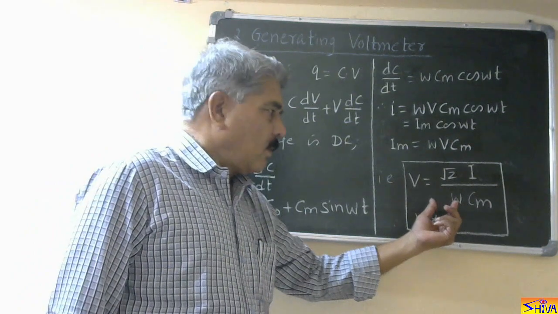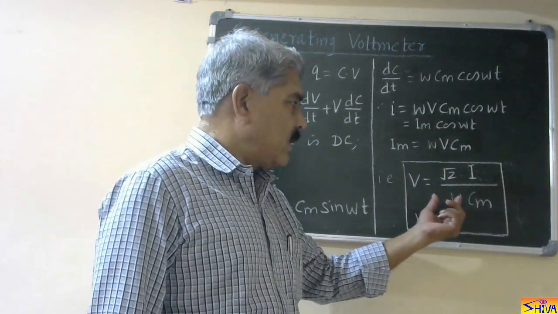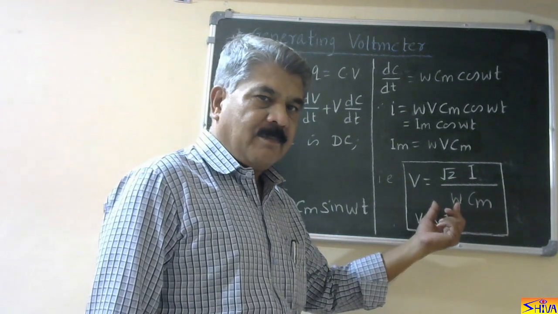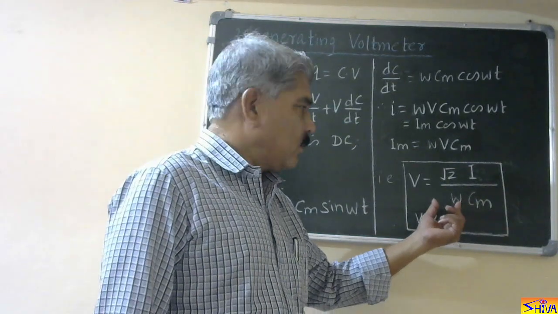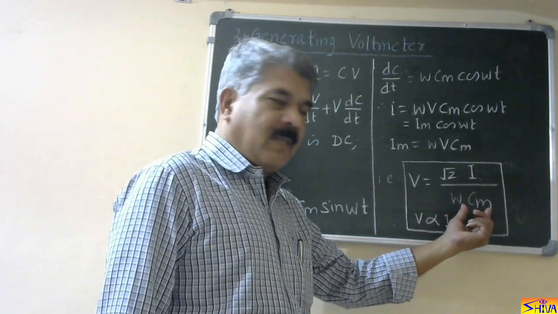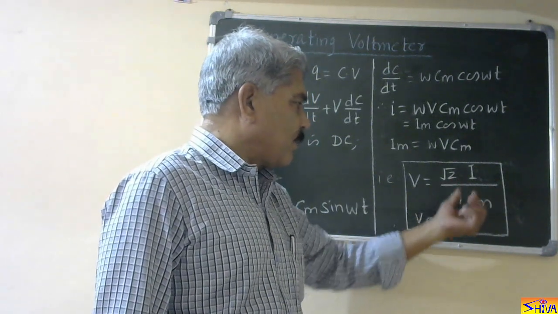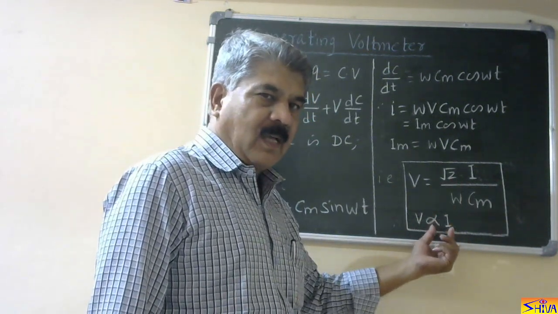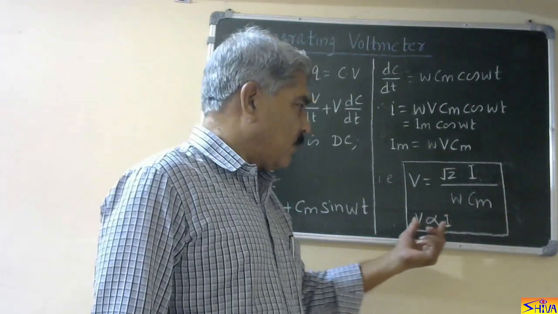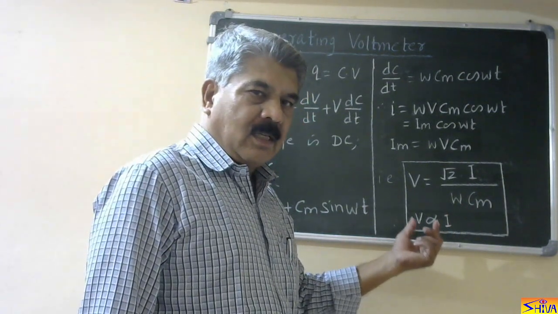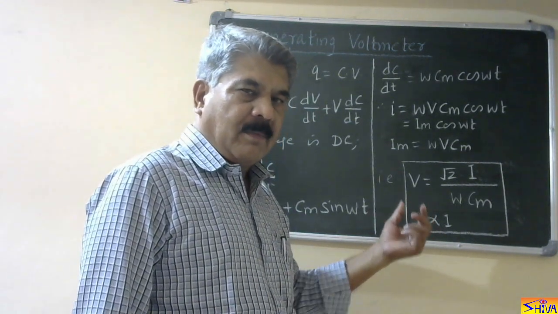Now here we can take a machine or a device which rotates or varies this capacitance sinusoidally with constant speed. So omega is constant. Cm, that is peak value of capacitance, is also constant. So we can say that V is proportional to I. So if we are able to measure the value of current, and we know the proportionality constant, we can measure the voltage, DC voltage, which is appearing across the variable capacitance.